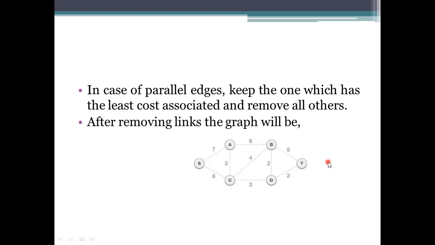So the first one we take acts as a root node, but it is not really a root node. It is giving access to the remaining ones also.